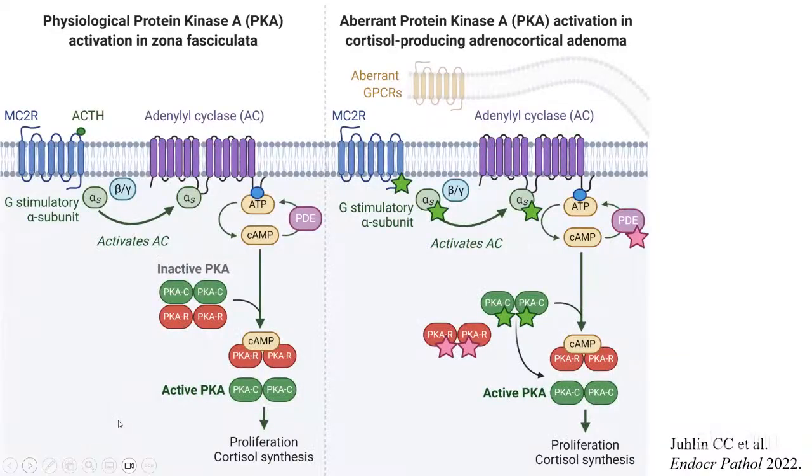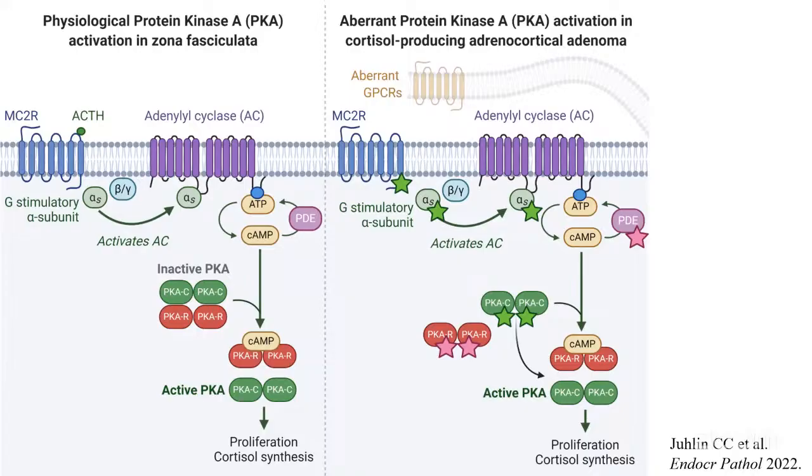So again, on the genetic level, I'm just going to show you briefly that the physiological regulation of cortisol synthesis is mediated through the protein kinase A pathway, which is then, of course, stimulated by ACTH, the hormone from the pituitary, leading to a downstream event in which PKA, protein kinase A, is activated.